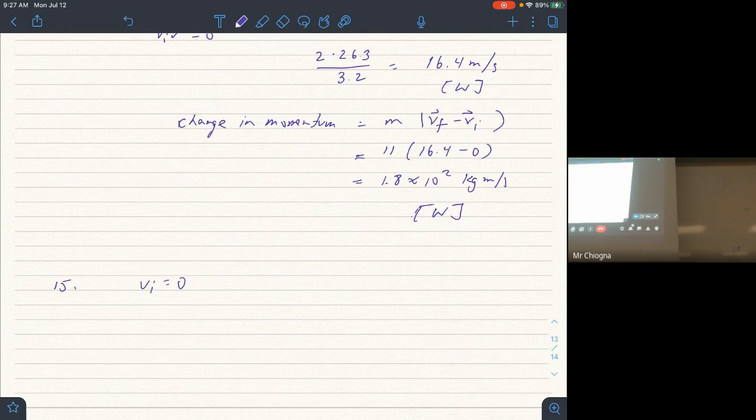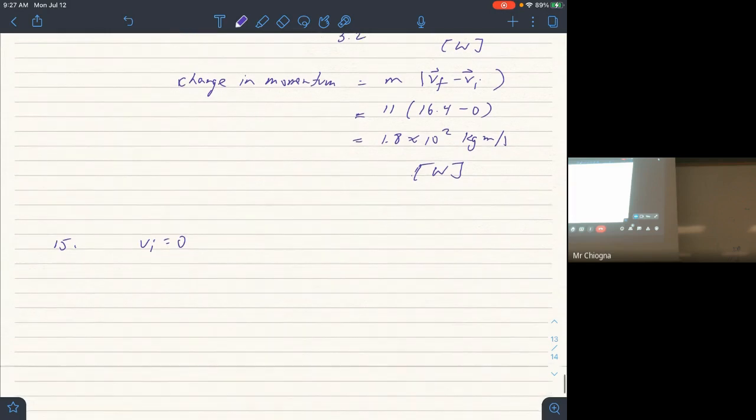That means its initial velocity is 0. It falls a distance of 6.5. It's negative. It's falling down. Acceleration, we know. Okay, we can find the VF. We'll come back to that.